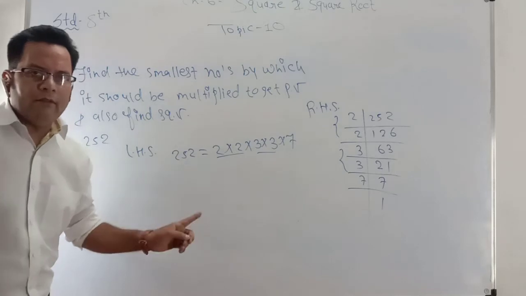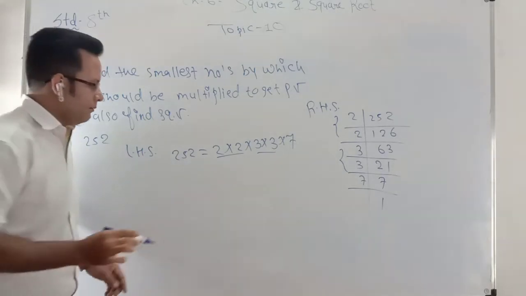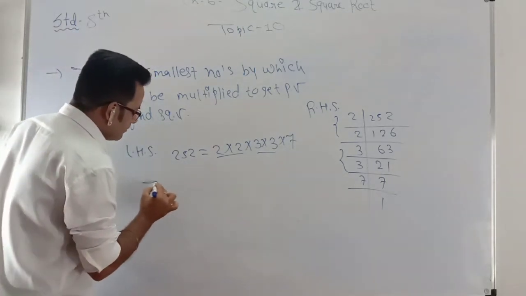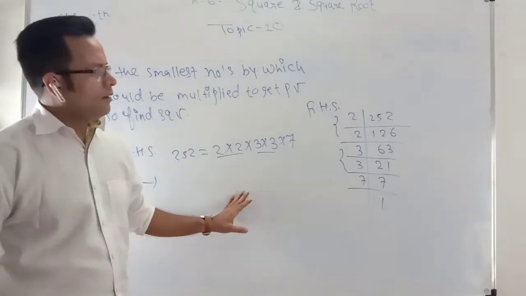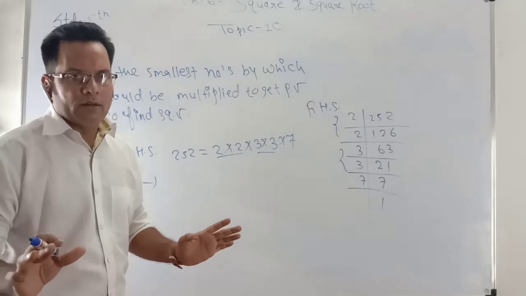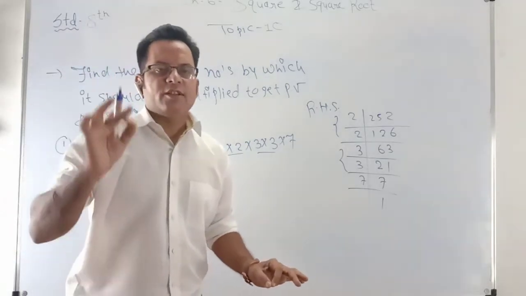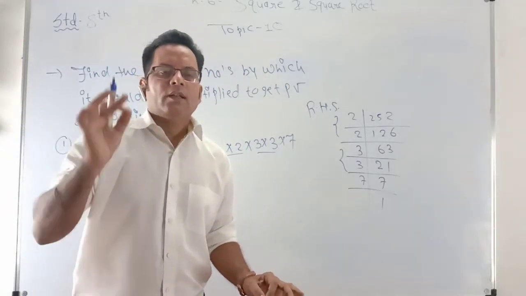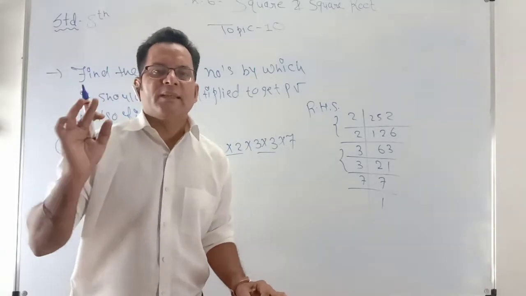Here you see 7 does not form a pair. So here we have to multiply. The number which is not making a pair, that number only should be multiplied.